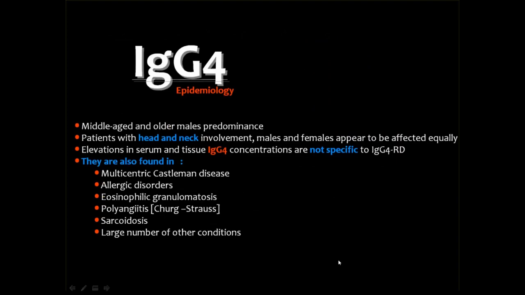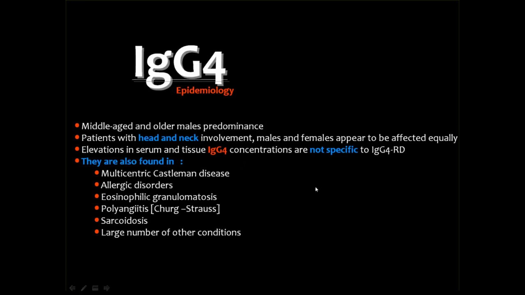Then the epidemiology of these diseases: these are usually present in the middle-aged and older males, while if the lesion is present in the head and the neck, there is an equal male to female ratio.